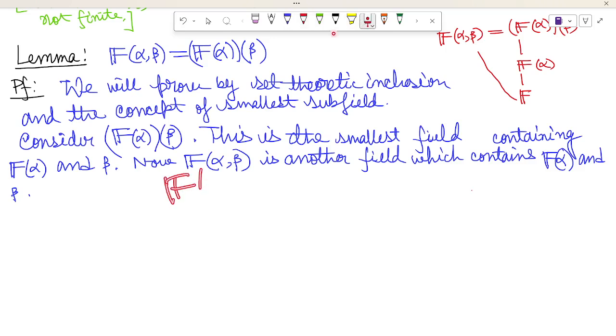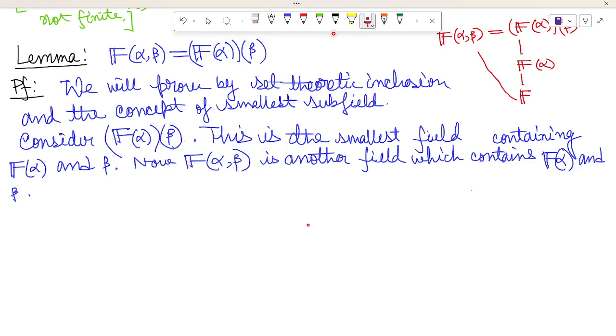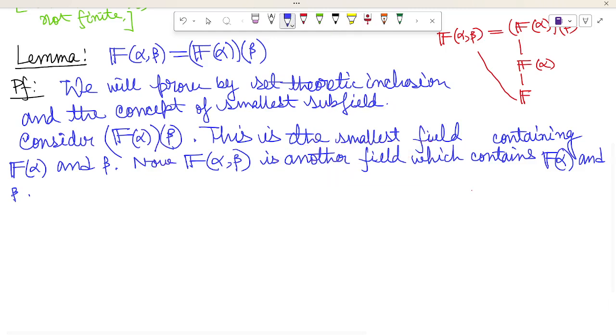Because see, F alpha sits inside this. As you know that Rx is contained in Rx comma Y. We are taking only the polynomials in X. Here we are taking only the field elements of the quotient in alpha. So it is any field containing them, and it is the smallest. So this must be inside here because it is the smallest. So alpha, F alpha, thing beta.